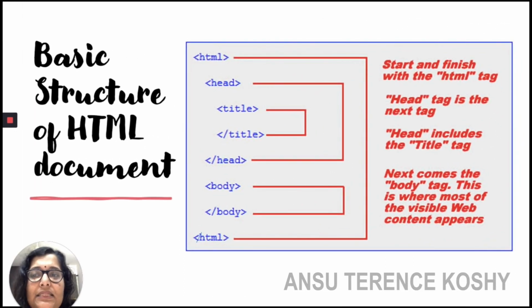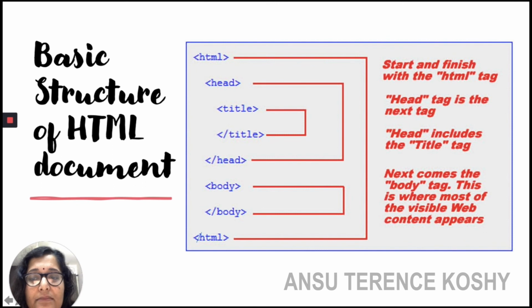To understand the basic structure of an HTML document, let's go through it one more time. Every HTML program starts with an HTML tag and ends with a /HTML tag. You can see that the outer line shows HTML and /HTML.